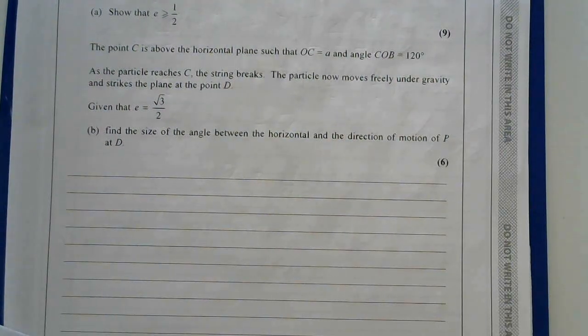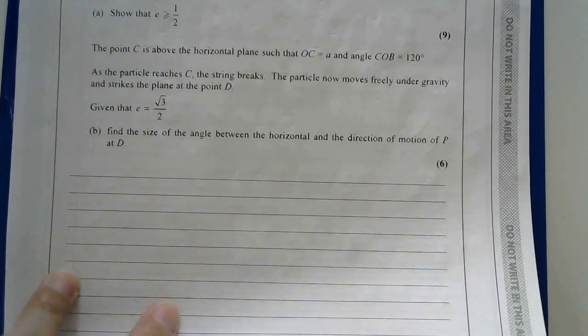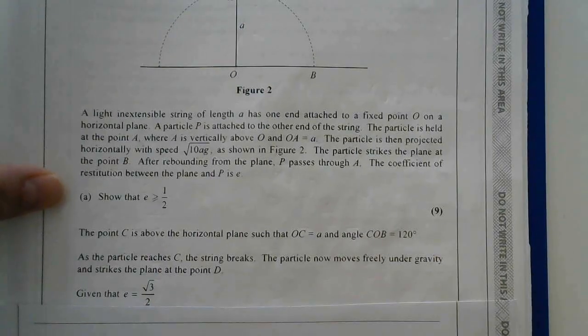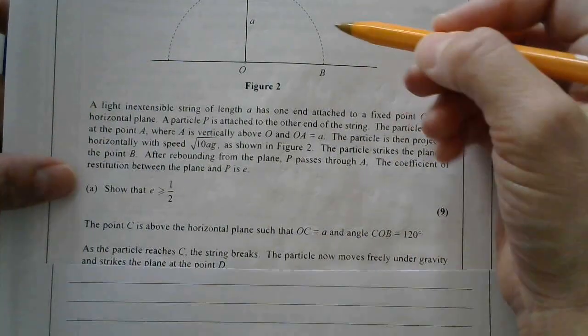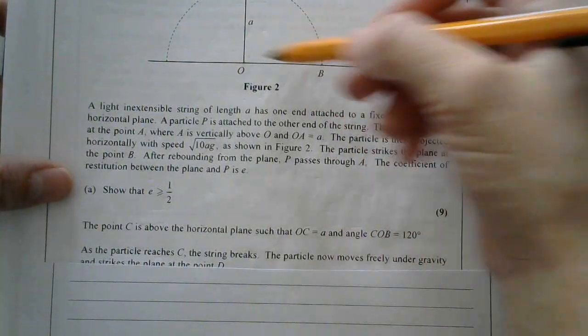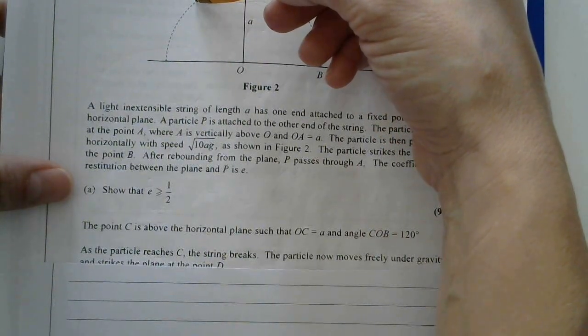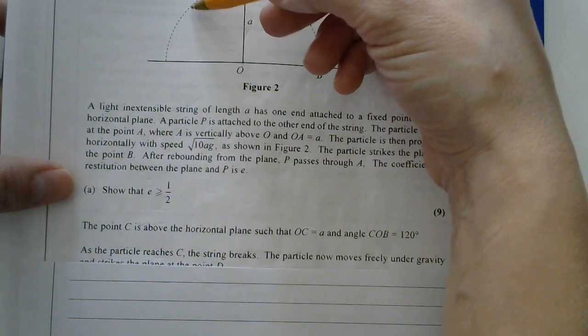So let's just try to understand what that looks like. Okay, so they said C is above the horizontal plane and COB is 120, so it must be over here somewhere.